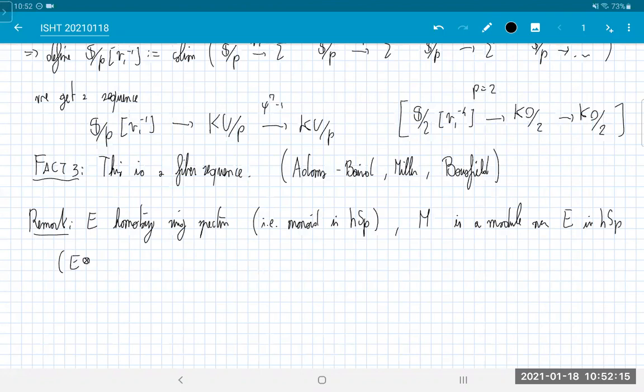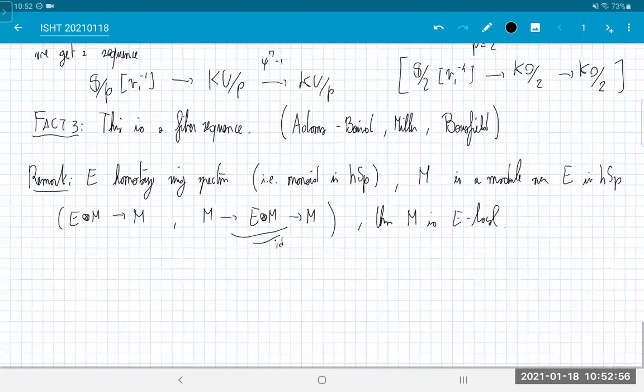That is, you have maps E tensor M to M that are associative up to homotopy, and what I'll need actually is that this composite here, where the first is the unit, is the identity. Then M is E local. In particular, E itself is E local, which is not true in general. So this might be a bit surprising, perhaps, for people. But for basically all the localizations we consider, this is going to be the case, because we are going to localize more often than not at homotopy ring spectra.